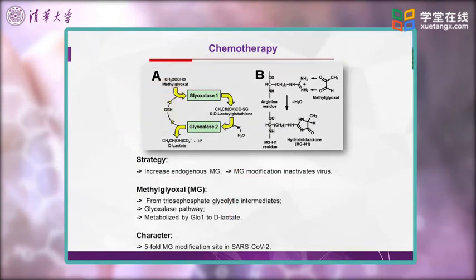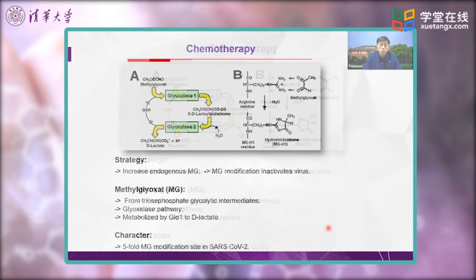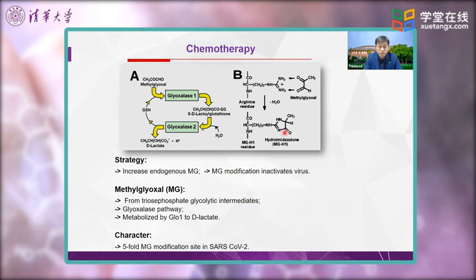Besides the above-mentioned drugs, people also proposed that chemotherapy drugs can also help fight against the coronavirus. The strategy is to increase endogenous MG. MG means methylglyoxal. As we know, MG modification can inactivate the virus.